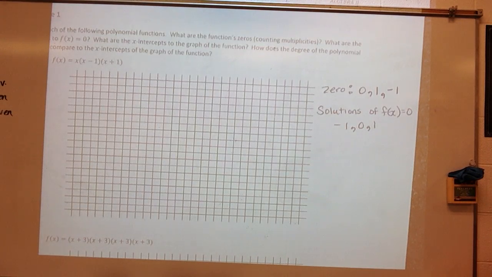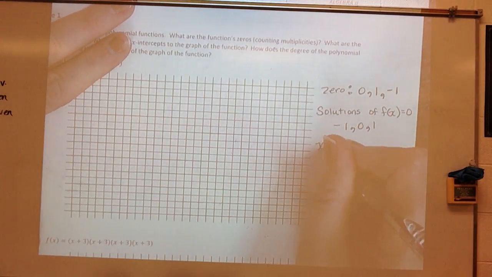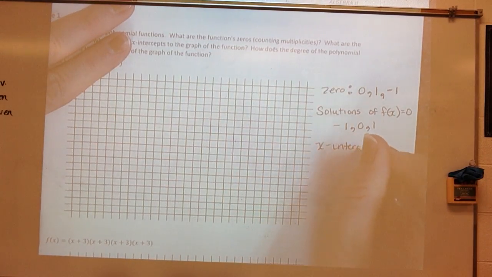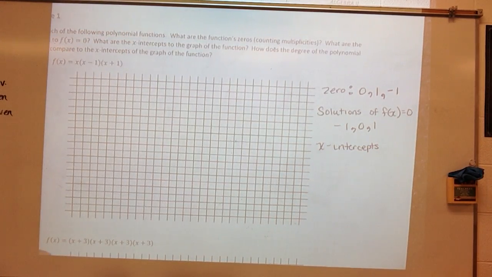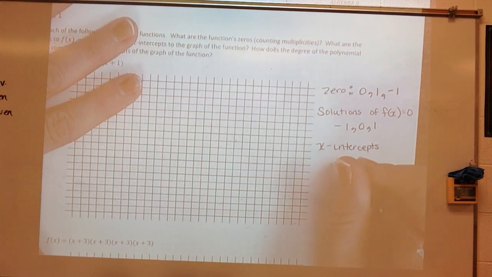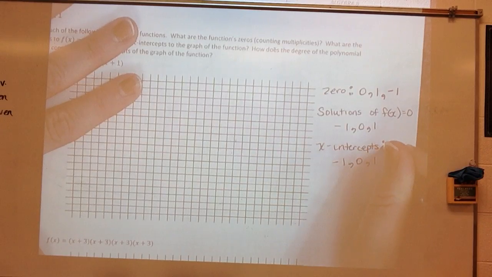What are the x-intercepts of the graph of the function? Once again, where are the x-intercepts? Where they cross the x-axis. They would cross at negative 1, 0, and 1.